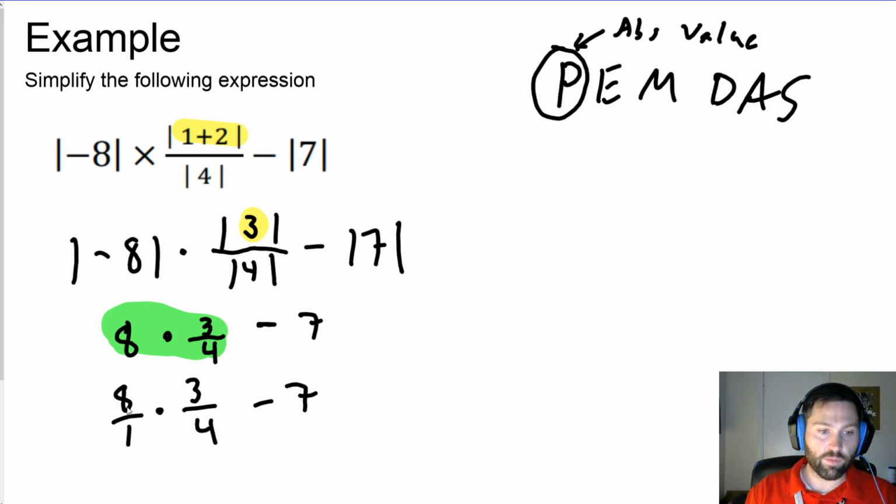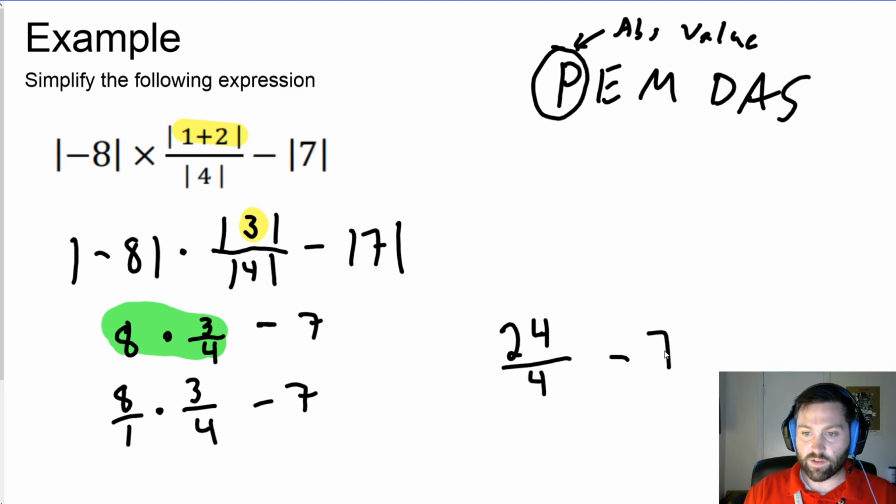So we're going to go ahead and actually multiply that now. 8 times 3 is 24. And on the bottom, 1 times 4 is 4. Minus 7 is how I've simplified. I know that 24 is divisible by 4, so I get 6 as the result, minus 7, which means my final simplified answer is negative 1.